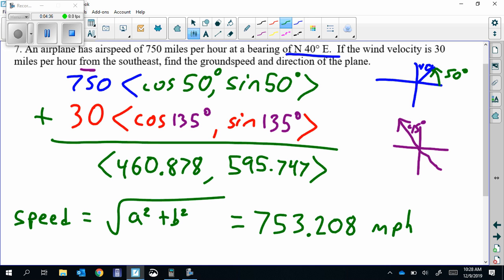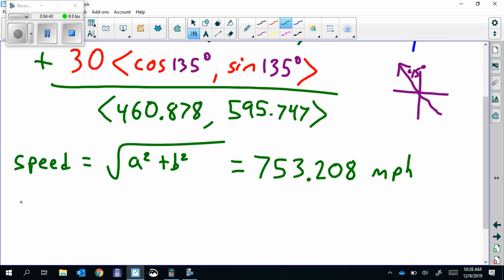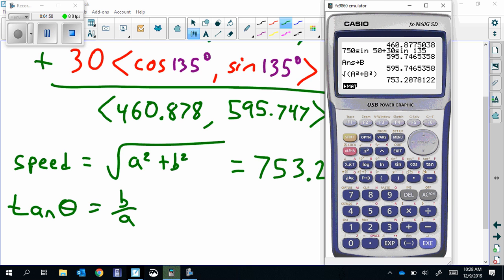And then we're going to find the angle. We're going to find it first in standard position by doing b over a. Tangent equals b over a, which means we do arctan to solve it.